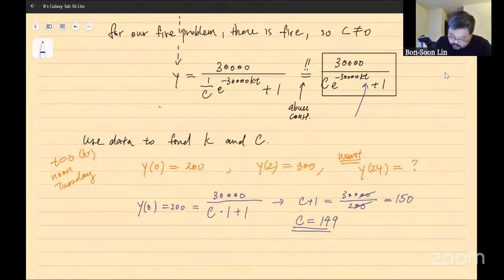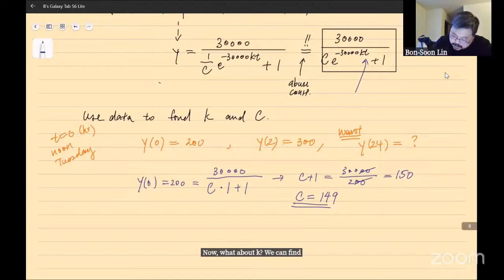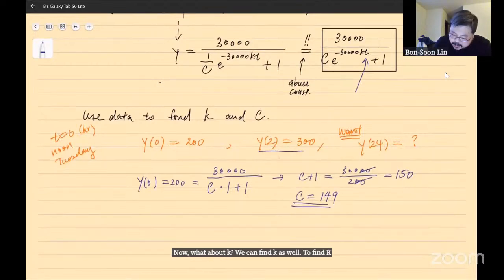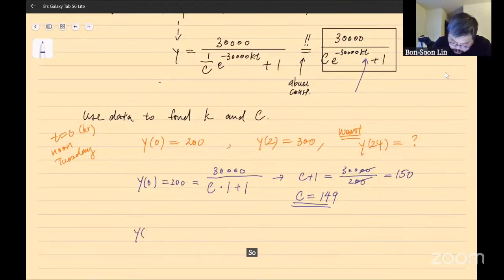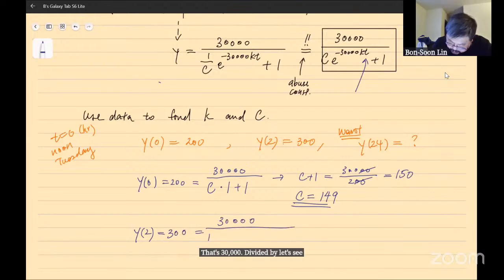Now, what about k? We can find k as well. To find k, I will use the other information. Because I already know what c is, I can plug it in to continue solving for k. So we know that y of 2, at 2 hours, we have 300 acres burned. That's 30,000 divided by 149 times e to the negative 30,000 kt, plus 1, where t is 2.